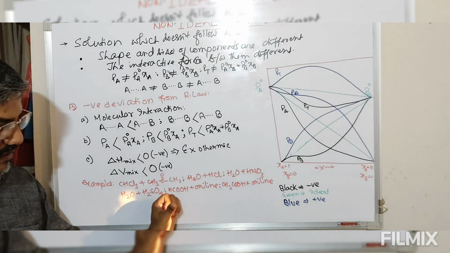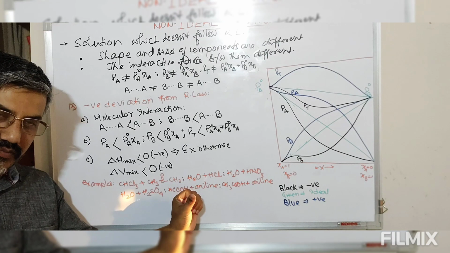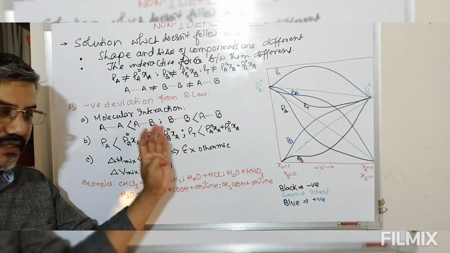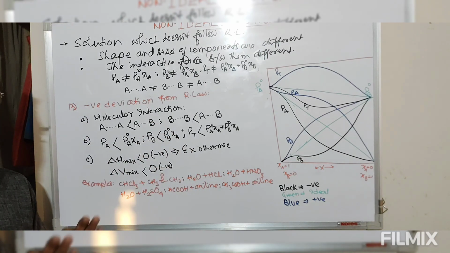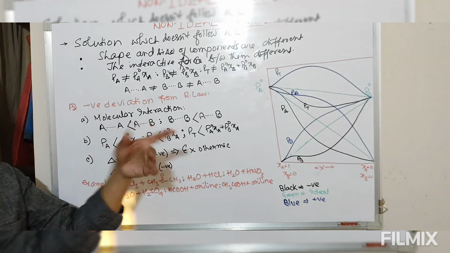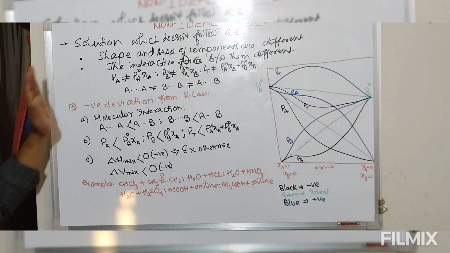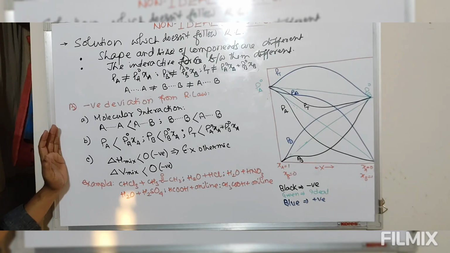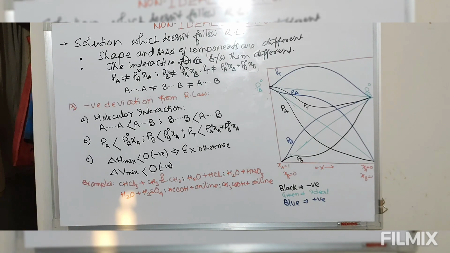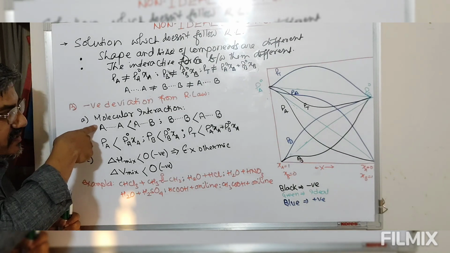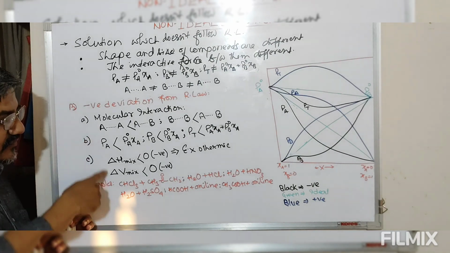Means the one which is showing positive deviation, the one which is showing negative deviation, and the one which does not show positive or negative, that is the ideal solution. So these are the parameters by which we can easily identify the solution. The more important thing is we have to keep this in mind, and then we can easily define it.